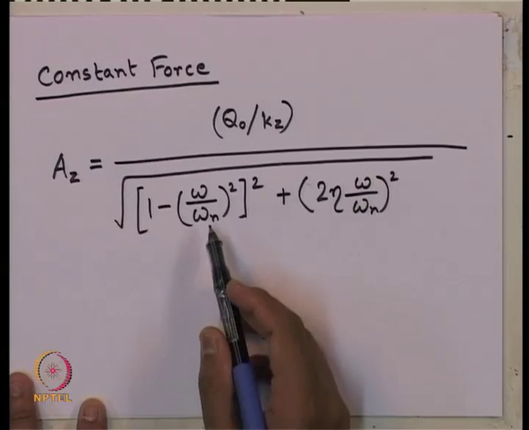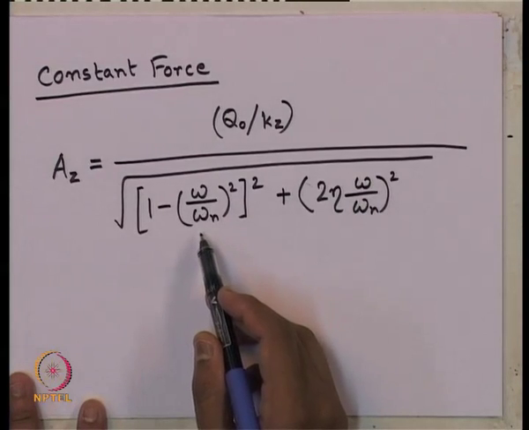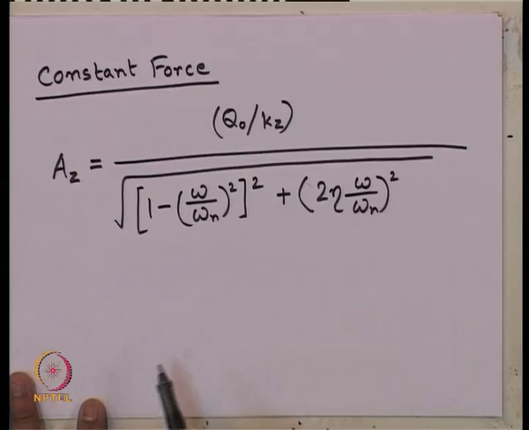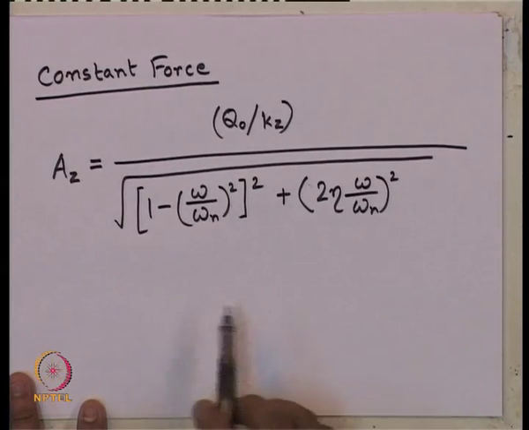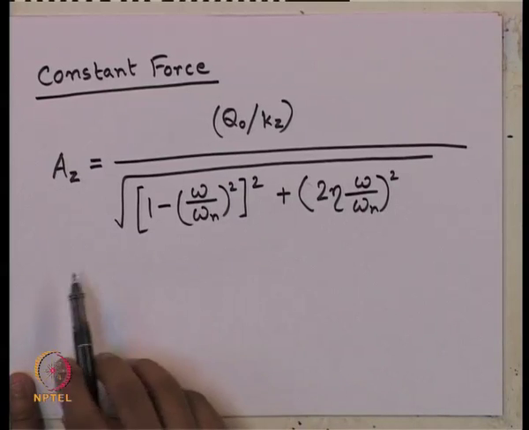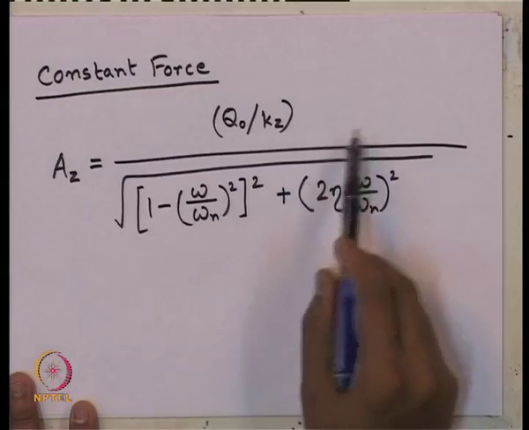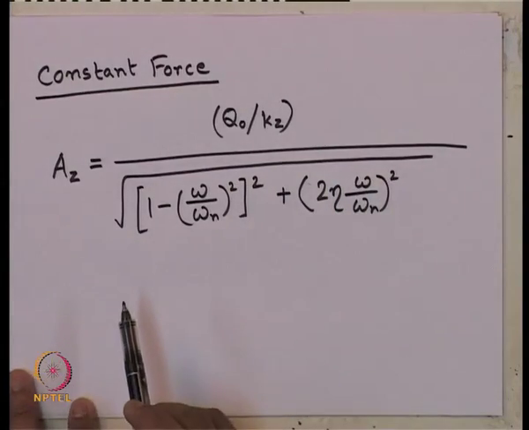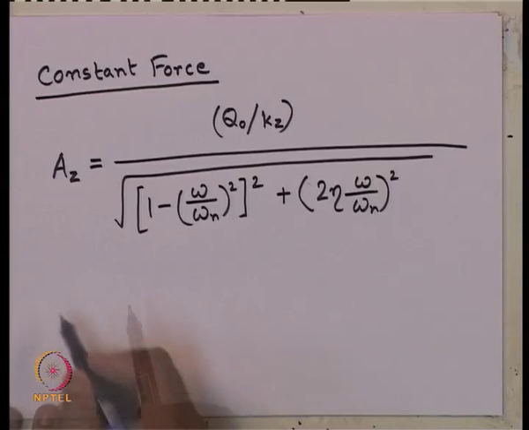This we had defined earlier with R as the frequency ratio: 1 minus R square whole square plus 2 eta R whole square. In our module 2 vibration theory, we had derived this expression. This is the maximum amplitude; otherwise there will be a harmonic function of how it varies, and we are concerned only about the maximum value.